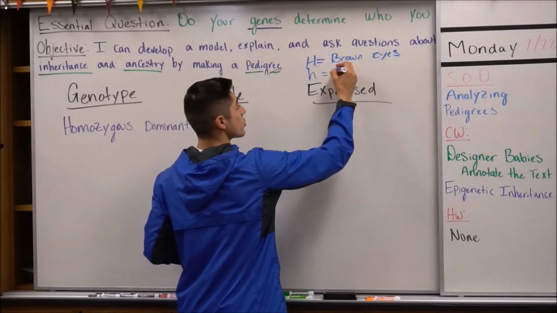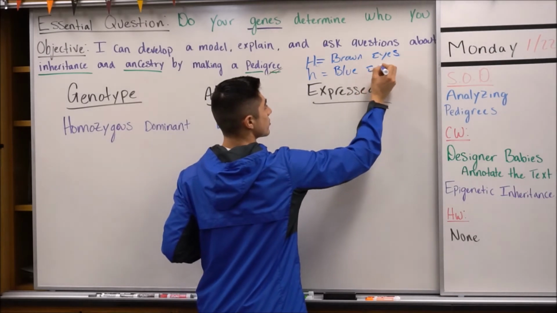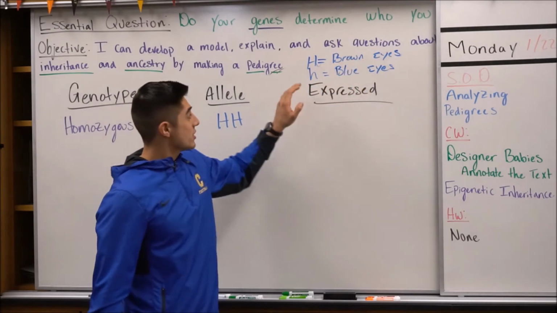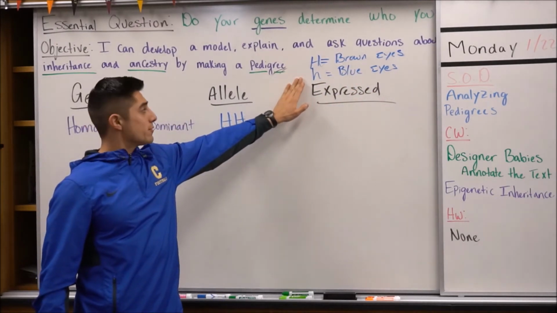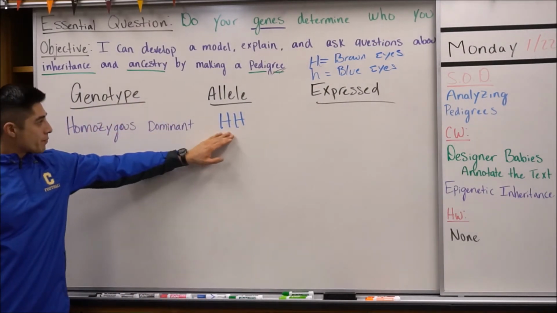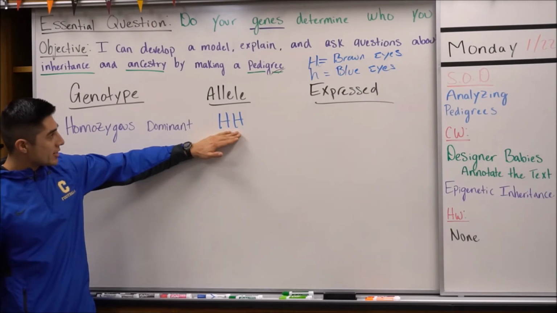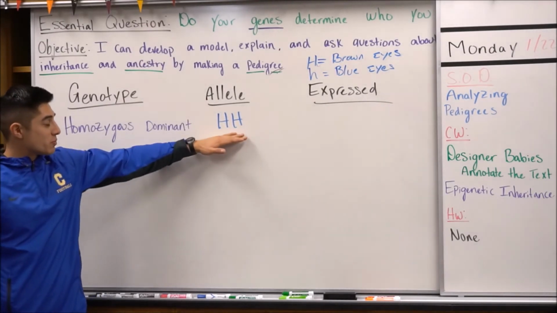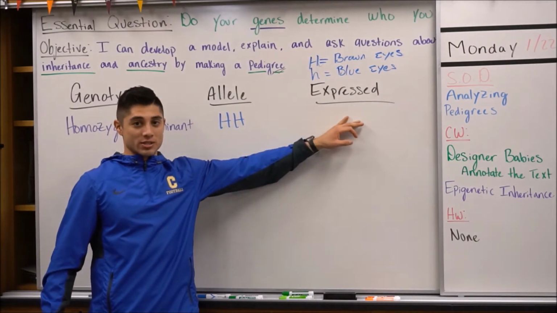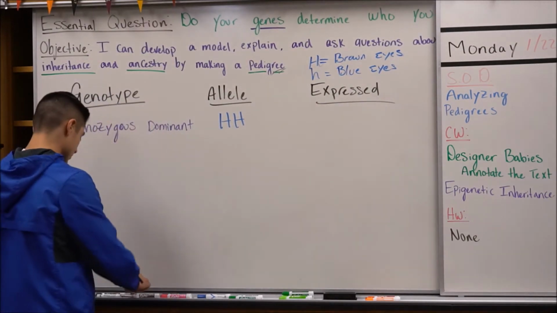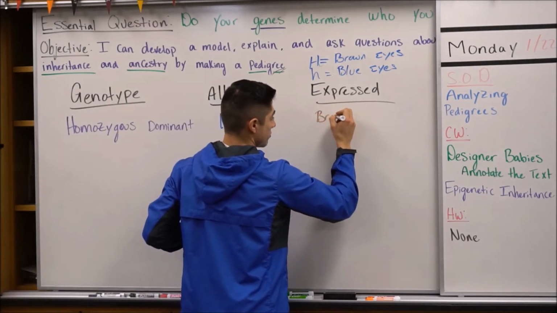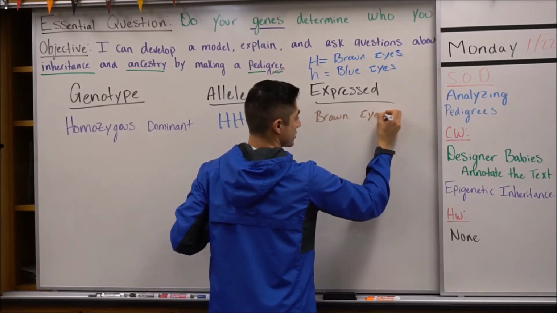So this is the recessive trait: the dominant allele for brown eyes, the recessive allele for blue eyes. If we have homozygous dominant, big H, what eye color is going to be expressed? It's going to be brown, so we'll see brown eyes.